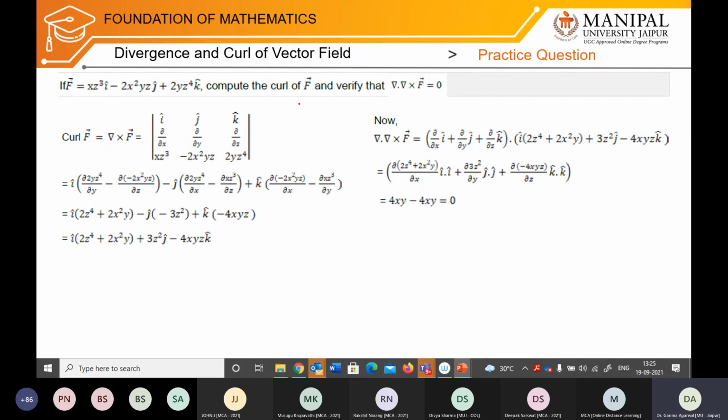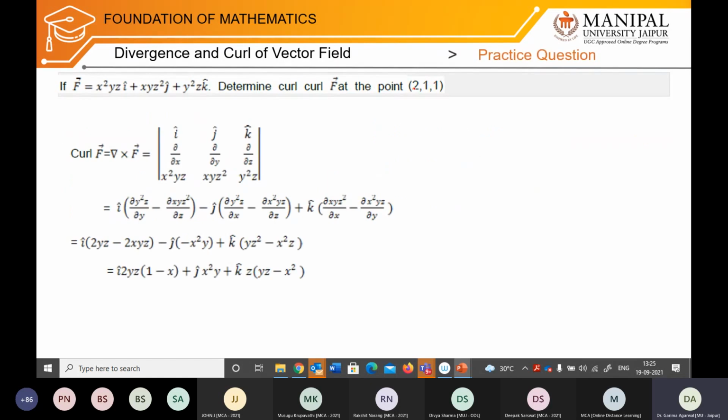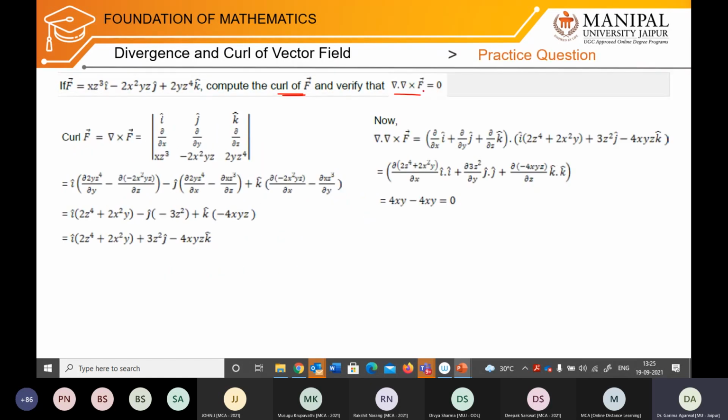If the vector f is given, we need to compute the value of curl f and verify that del dot del cross f is 0. So curl f is a cross product. I write i cap, j cap, k cap, del by del x, del by del y, del by del z, and f is the vector, with i cap, j cap, k cap written over there. So this one is our curl f.